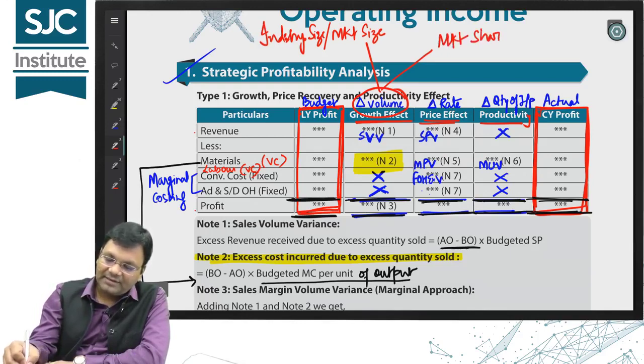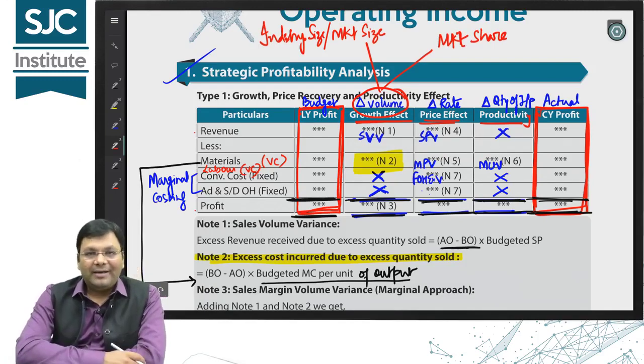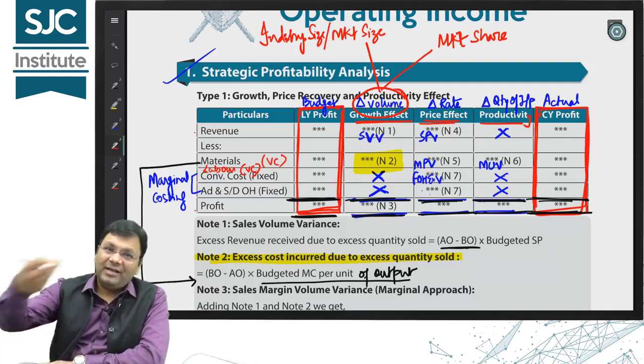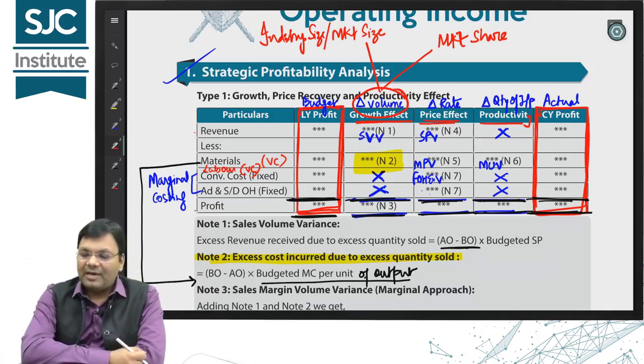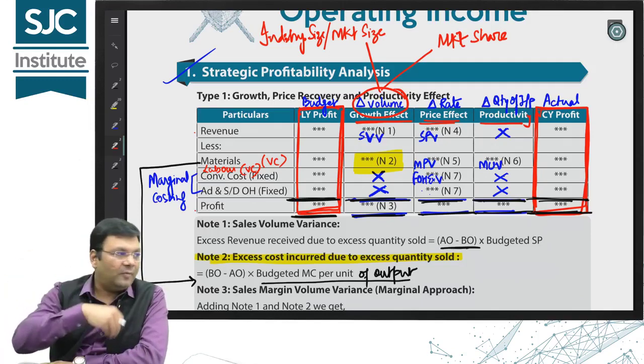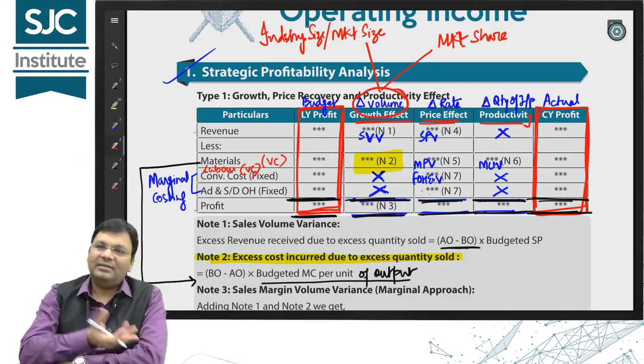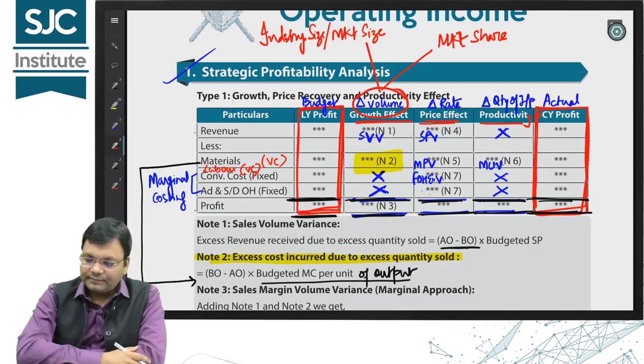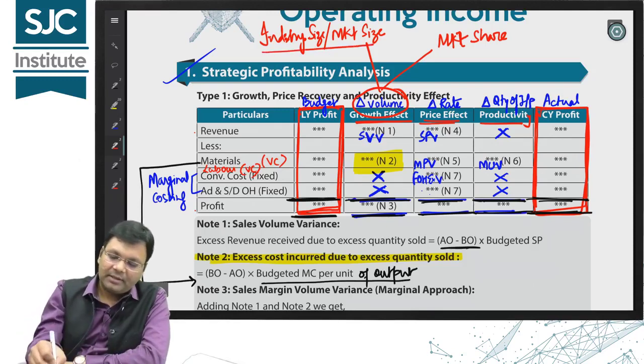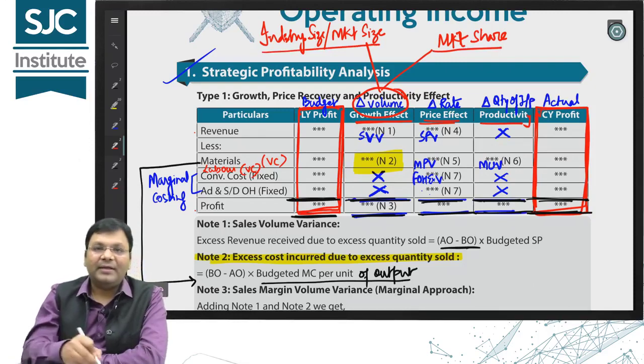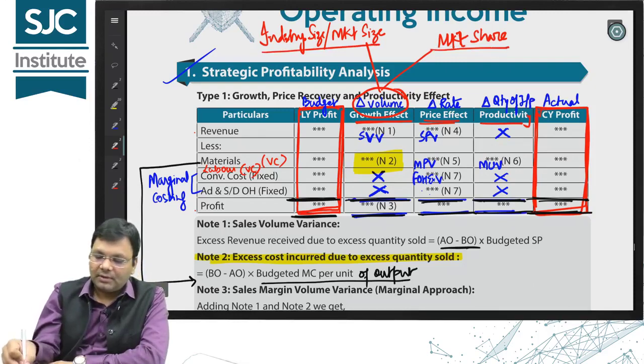This means that you have done good marketing implementation, so you have got share from your competitors. Market share means it is coming from competitors. Size means the industry size has increased. Industry market size and market share. Are you getting it? Size and share. Have you understood this?